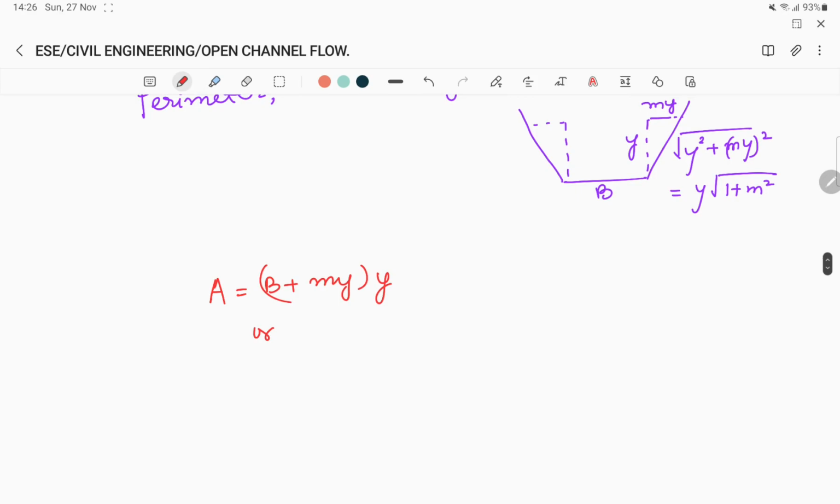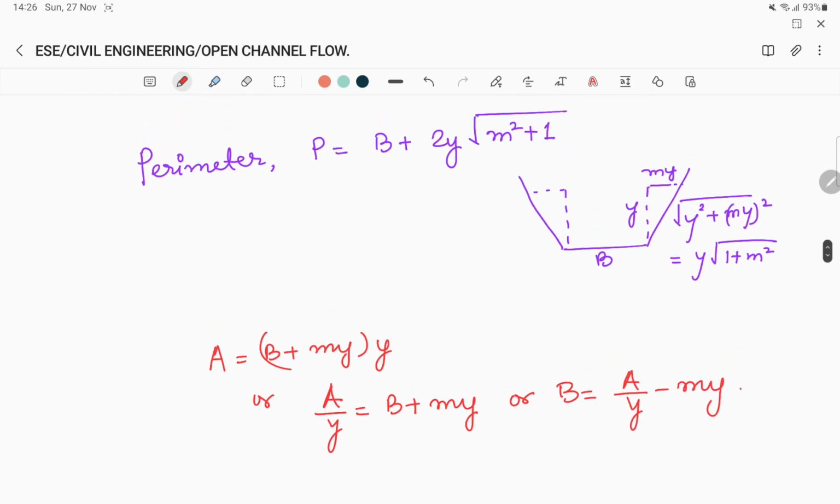From here we can write A upon y is equal to B plus my, or we can write B is equal to A by y minus my. Now if we put this value of B in the perimeter equation, the perimeter equation will change to one variable, that is y, and there will be only two constants, m and A.